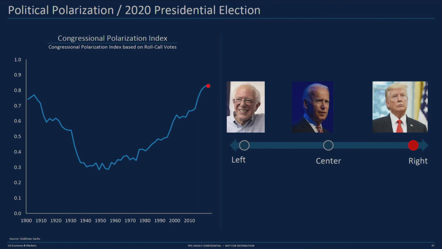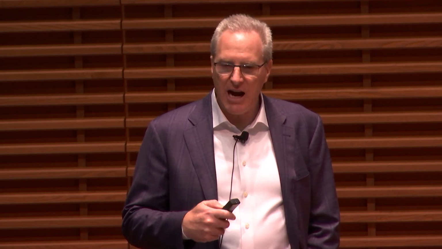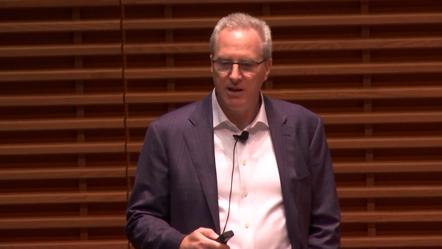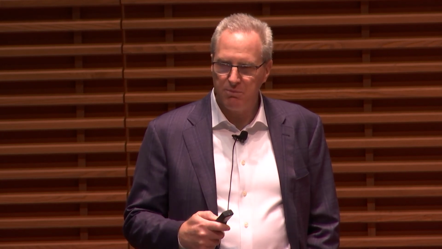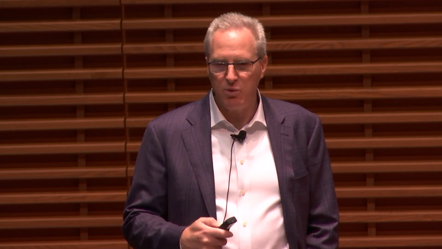So in the short term, with such extremes between Bernie Sanders on the left, Donald Trump on the right, Joe Biden somewhere on the middle left, it seems like this election will determine a lot about the fate of the US economy and markets over the next 5 years. But this broader issue of a highly polarized government in the United States poses a different, longer-term secular issue that we're going to have to deal with.